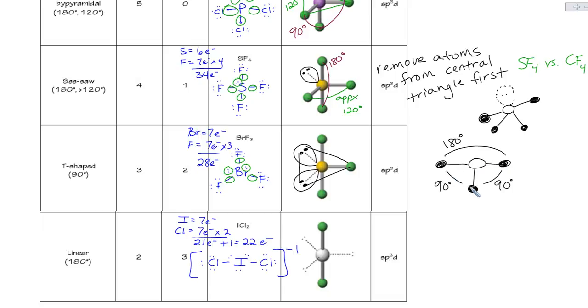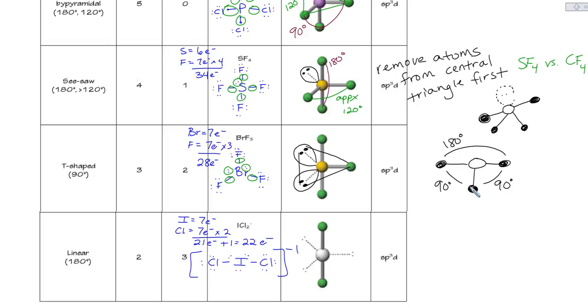But it's essential that we understand that when you remove atoms to represent lone pairs, you have to remove from the central triangle when you're dealing with this trigonal bipyramid, when you're dealing with 5 regions of electrons. And so now check this last guy, iodine dichloride with a -1 charge. Yikes.